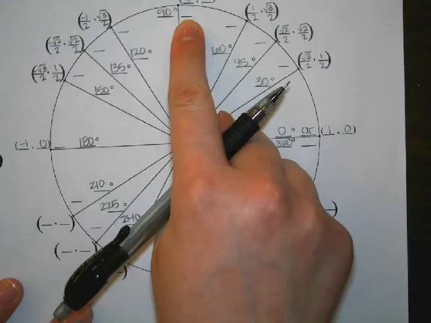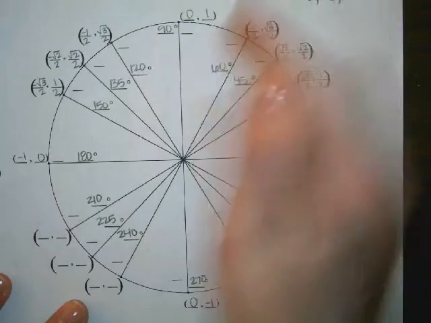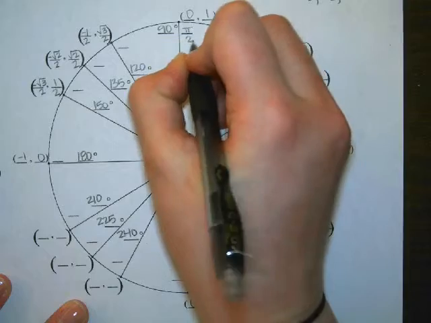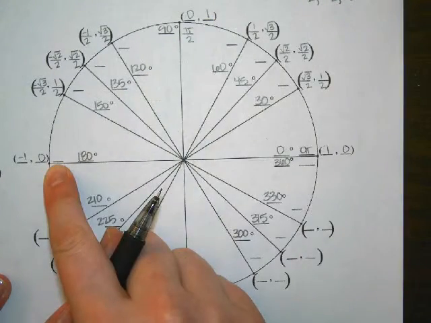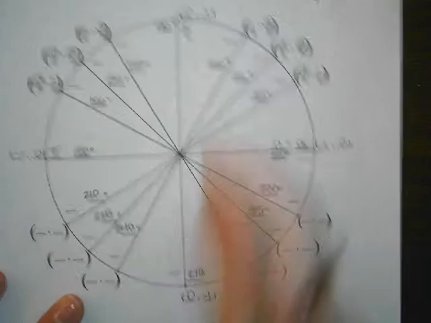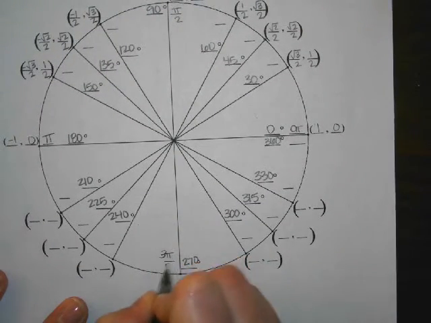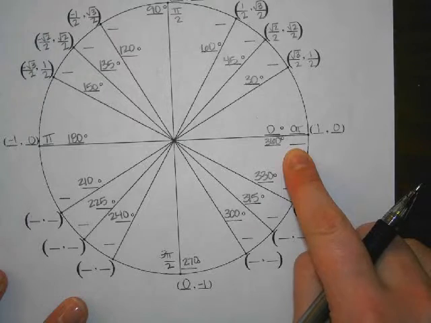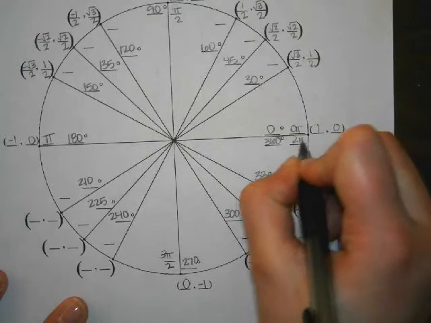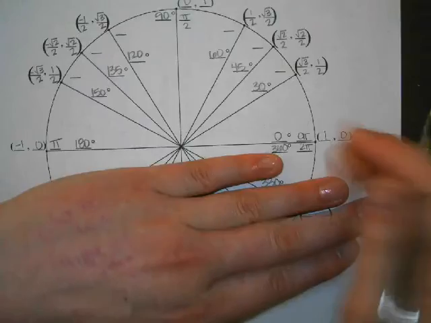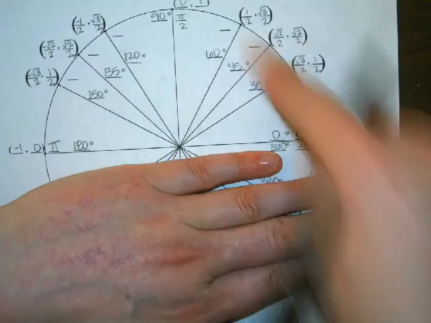What fraction goes right here? Pi over 2. Okay, what fraction goes right here? Pi. What fraction goes right here? Okay, and then what fraction goes over here? 2 pi.